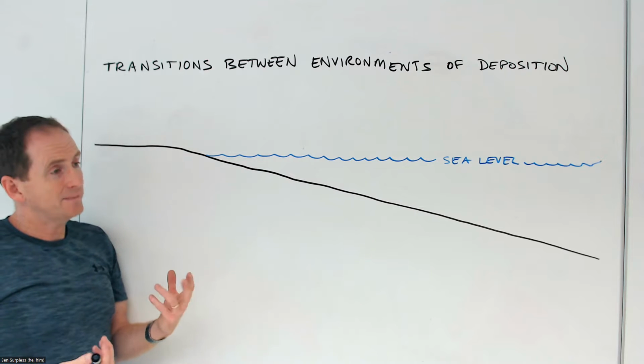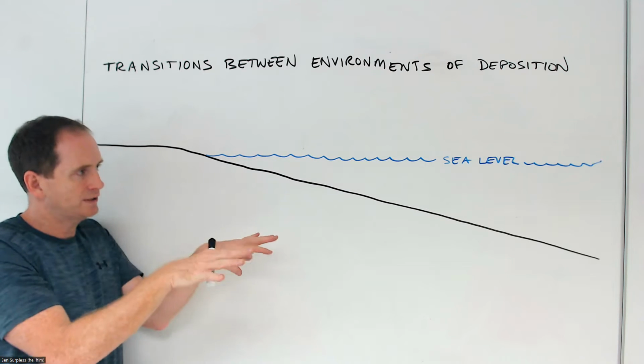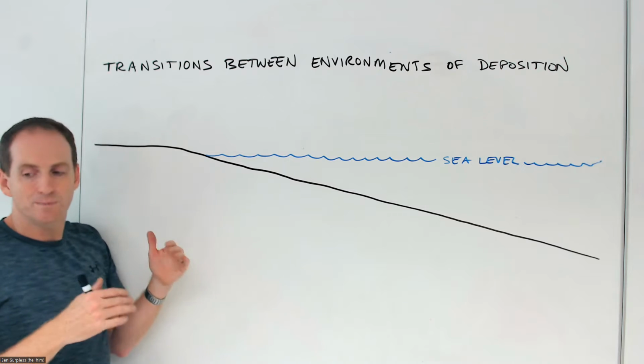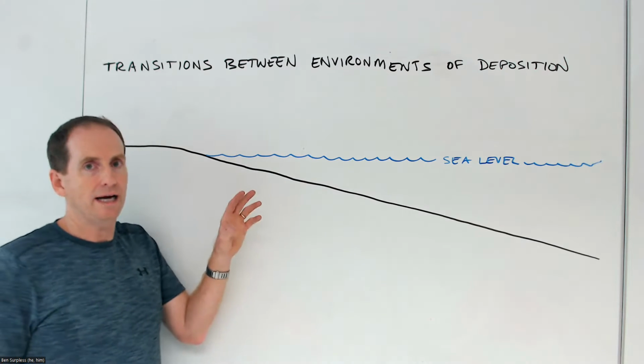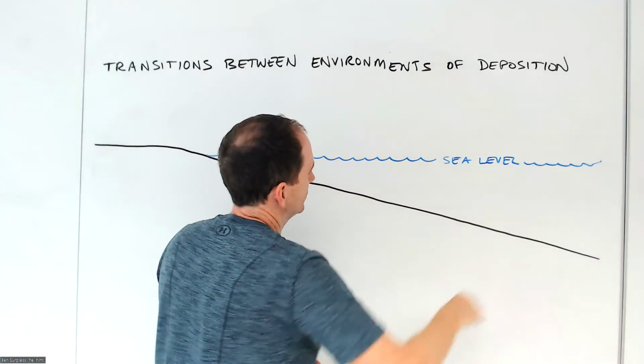And so what you want to be thinking about is, all right, if you have all of this weathered and eroded material being transported into this environment, what do you expect to see along that shore face, going from onshore to further and further offshore?